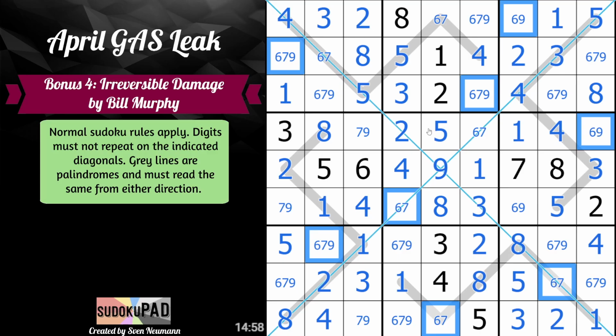If that's the entire run of 6s, I don't see a problem with that. If this was 7, then this was 7. Then this would be 7. This would be 7. This would be 7.